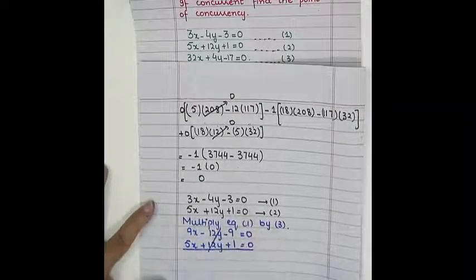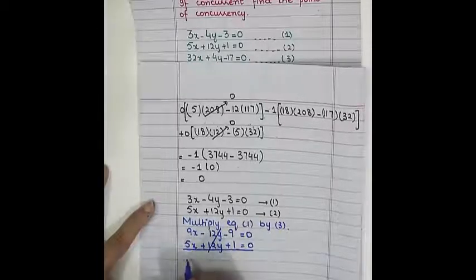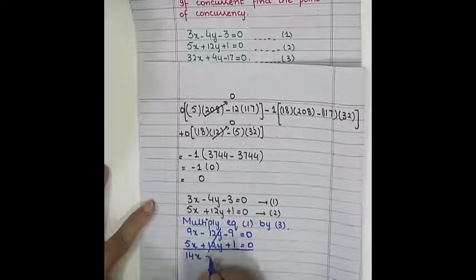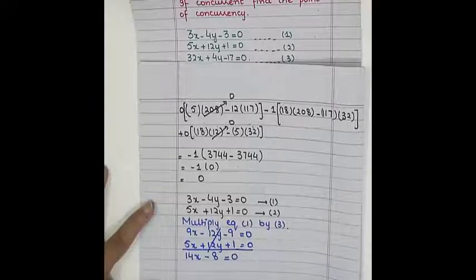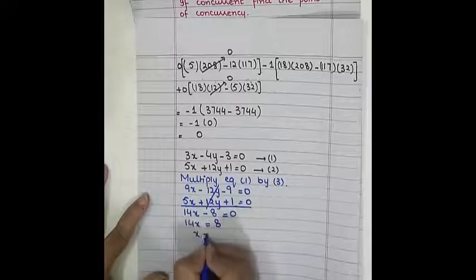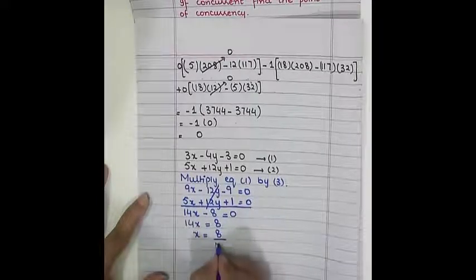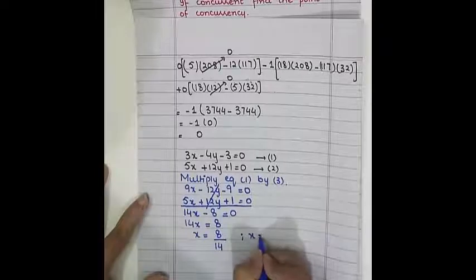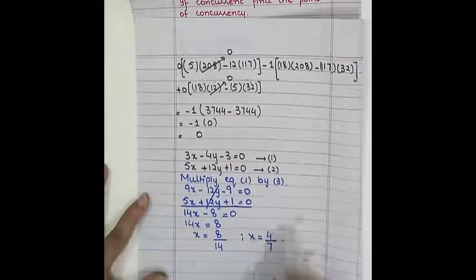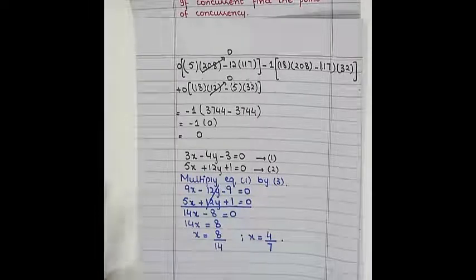So the y terms cancel and we have 9 plus 5, 14x, minus 9 minus 1 is minus 10, which is equal to 0. Now 14x is equal to 8 and x is equal to 8 over 14. So x is equal to, 2 times 4 is 8 and 2 times 7 is 14. So we have the value of x as 4 over 7.